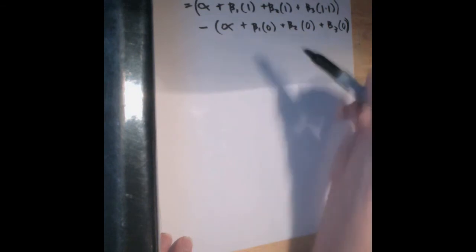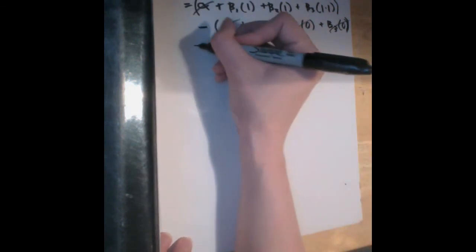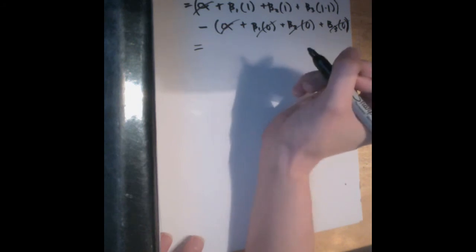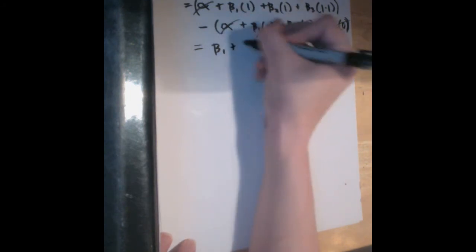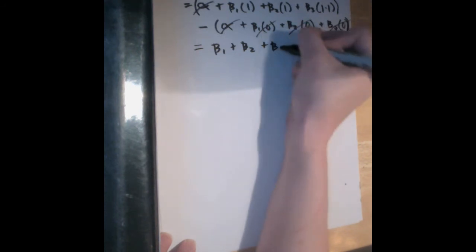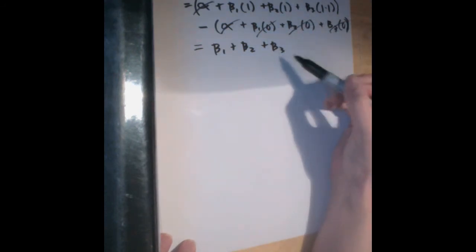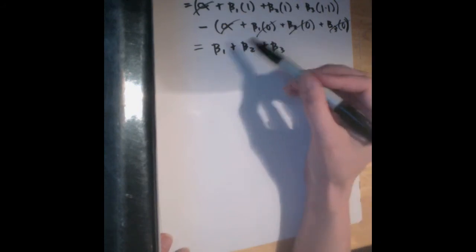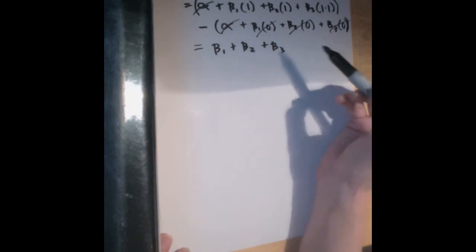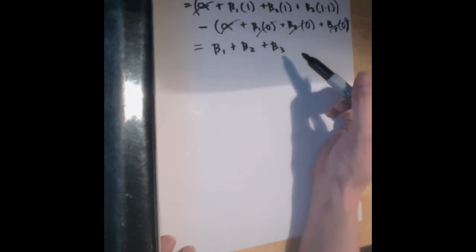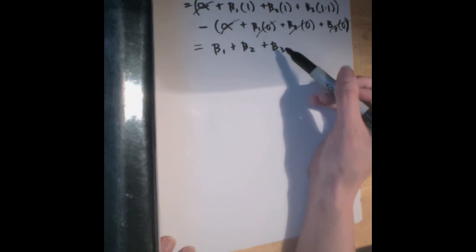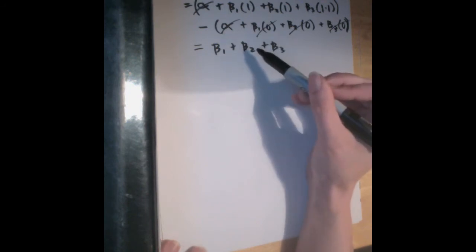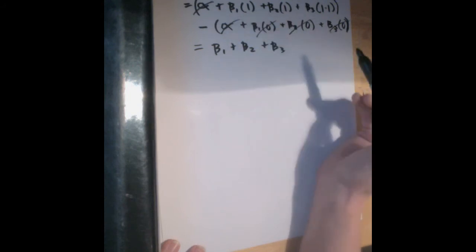What ends up happening here is that this all goes away, and our alpha goes away because they're zeros. Yay. I love being able to cancel zeros. But what we end up with, rather than that nice beta 1 or beta 2, is beta 1 plus beta 2 plus beta 3. This is showing that the interaction of these two effects has an effect on the main effects. It's basically showing that the interaction is doing something to the coefficient in front of these variables.